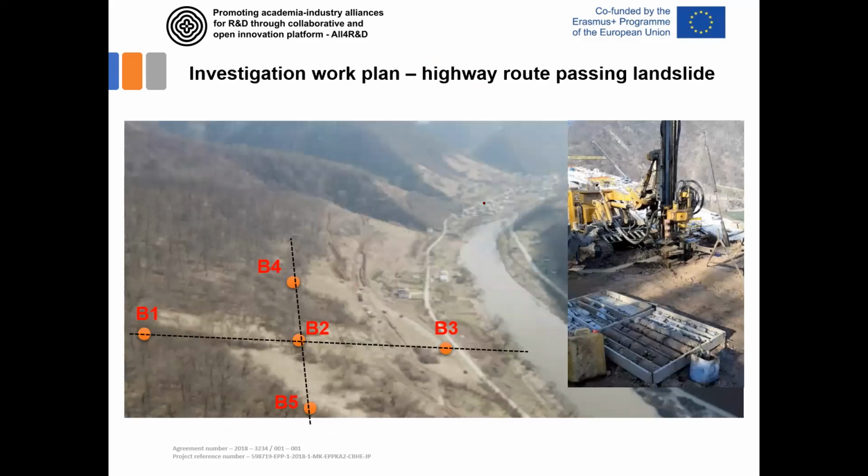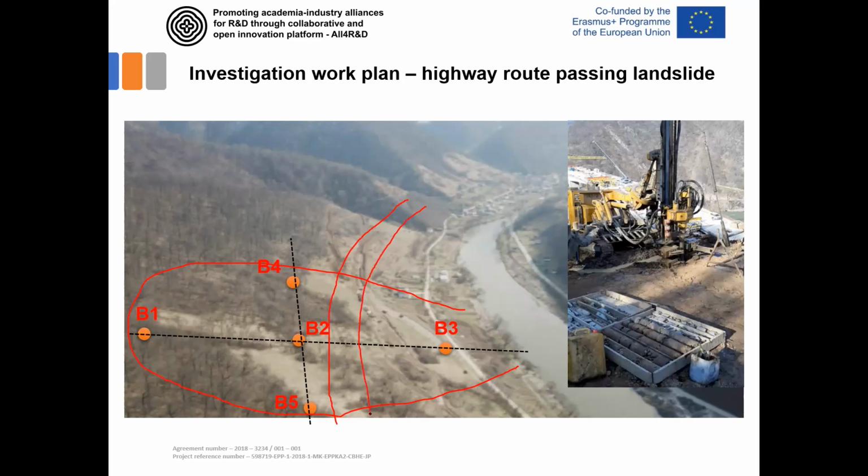Here is one example of a local highway route that is under construction right now. This is the photography from a few years before, prior to construction of the highway. And here it is defined that this area is an old landslide that could be activated during the construction of the highway route that passes here.